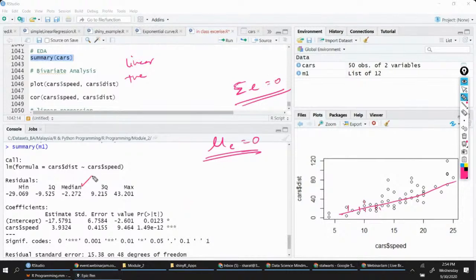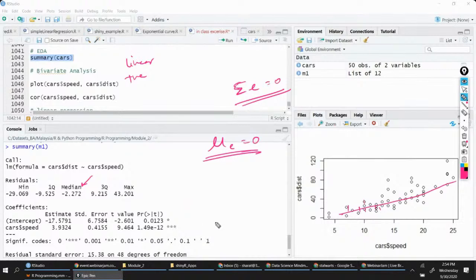So if mean is 0, why do you have to represent that? Not required, right? Because for every linear regression model, this is a property that your errors have to follow. Your line has to follow these properties, right? So there's no point showing you the mean of the residuals.